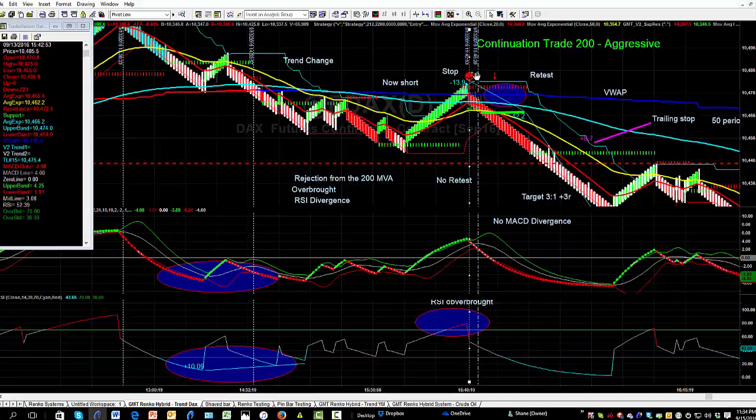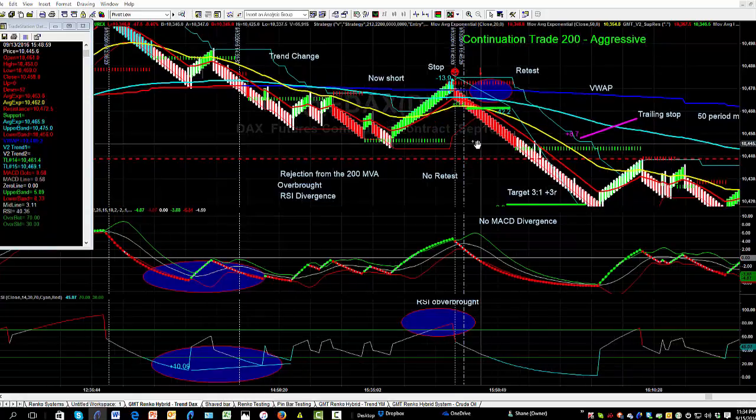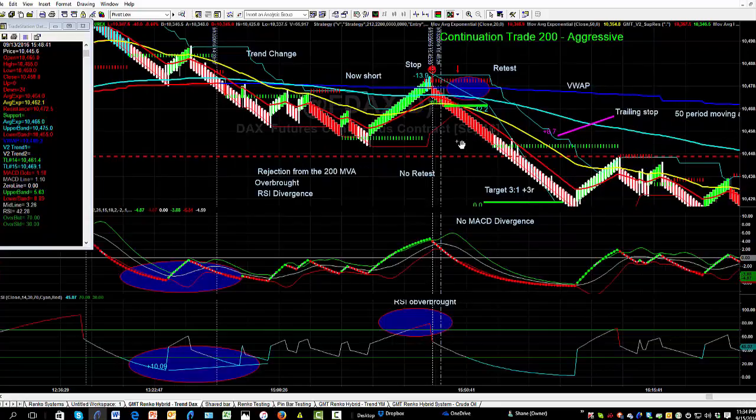Now our stop is always going to be one or two ticks above the high of that highest point in the move, and you can see here that price does fall away, but as I mentioned before, there are two entry options. One is to close below the 50 period moving average. The other option is to get more aggressive and take that first turn bar.